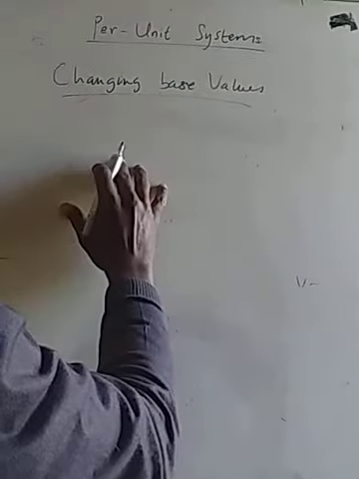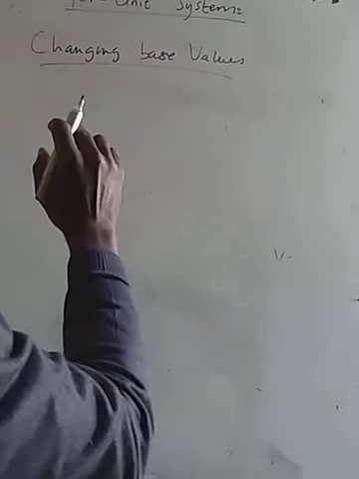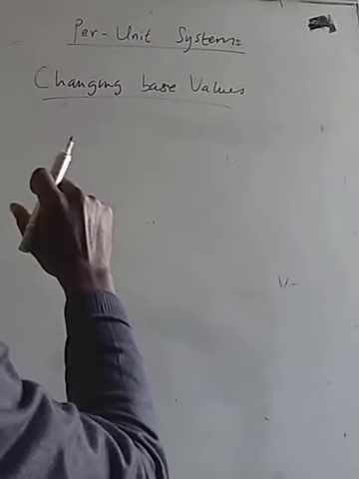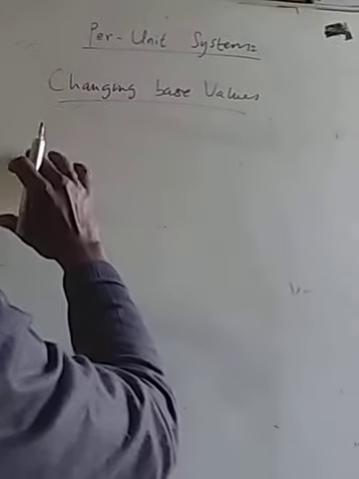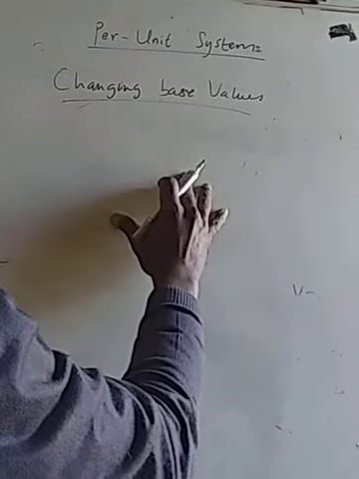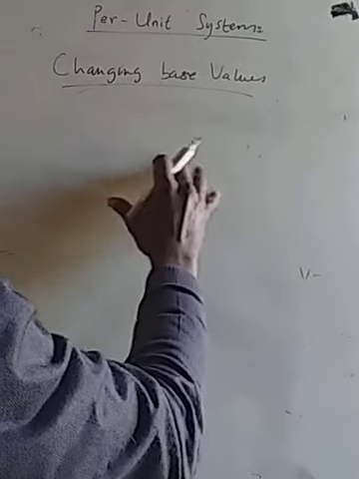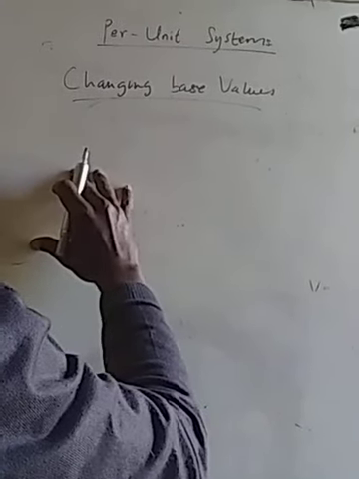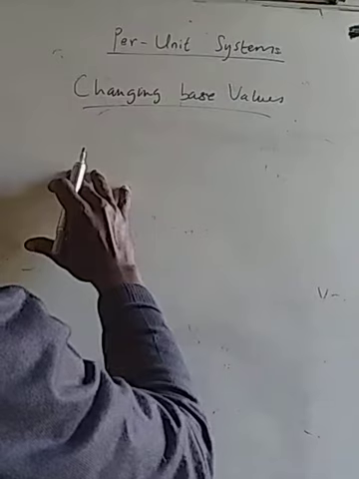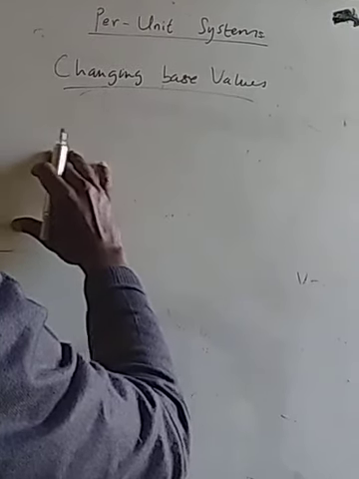If you want to do any calculation on the power system on a network using per unit values, all those per unit values must be calculated using the same base values.